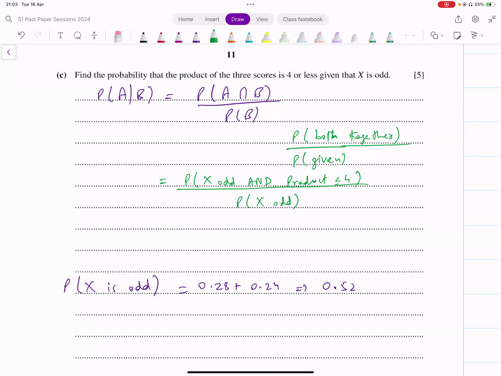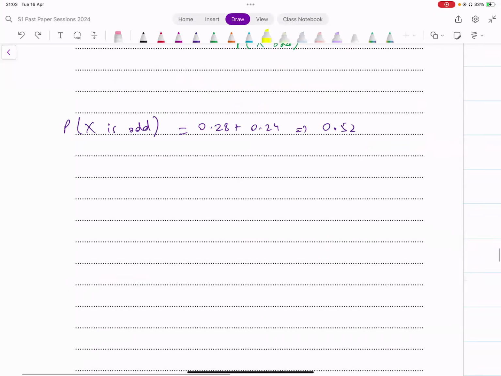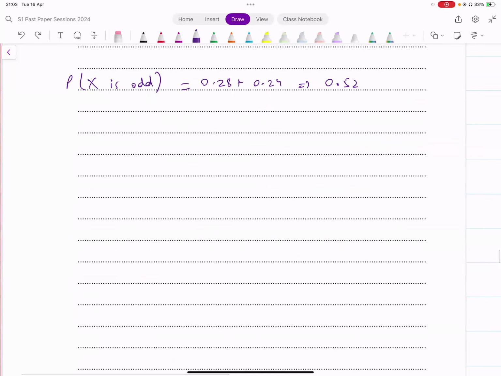Now, out of these cases, when x is odd, when is the product 4 or less? When is the product of the three scores 4 or less? We need to find this now. Let's think about this. Now we know that x is supposed to be odd. So what are the possibilities that we have for x? It could either be 1 or it could be 3.